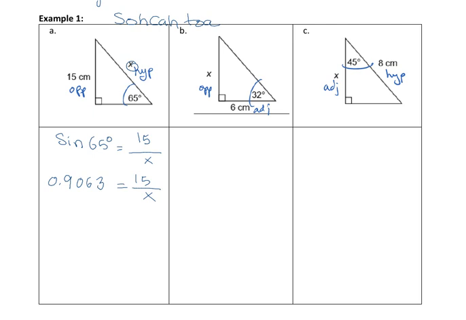That's right. Okay, so in order to solve for my x, what I say to my students is the best way to visualize this is you want to replace the x and that. So you're going to switch places. So that becomes x equals 15 over 0.9063.